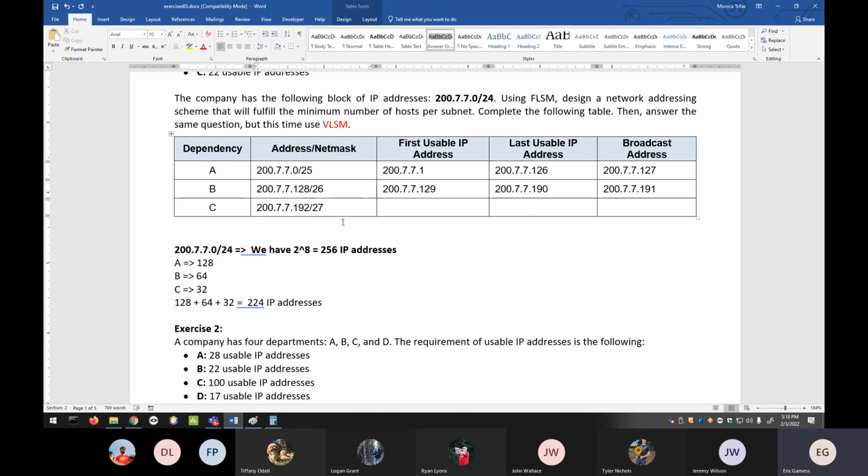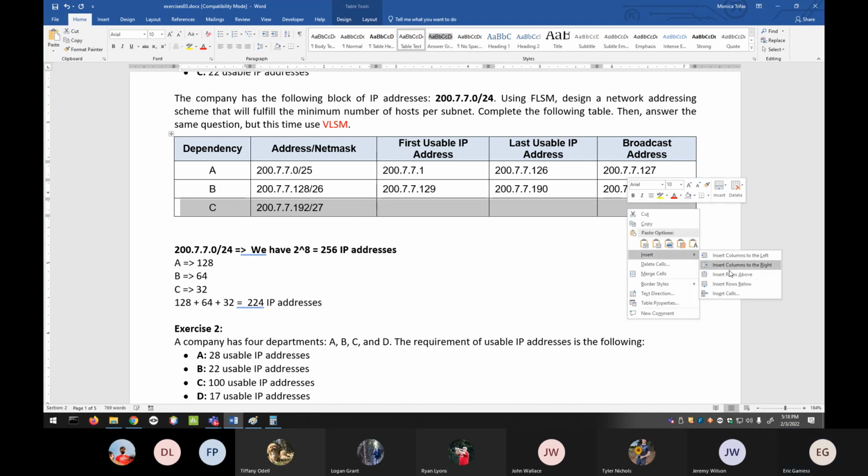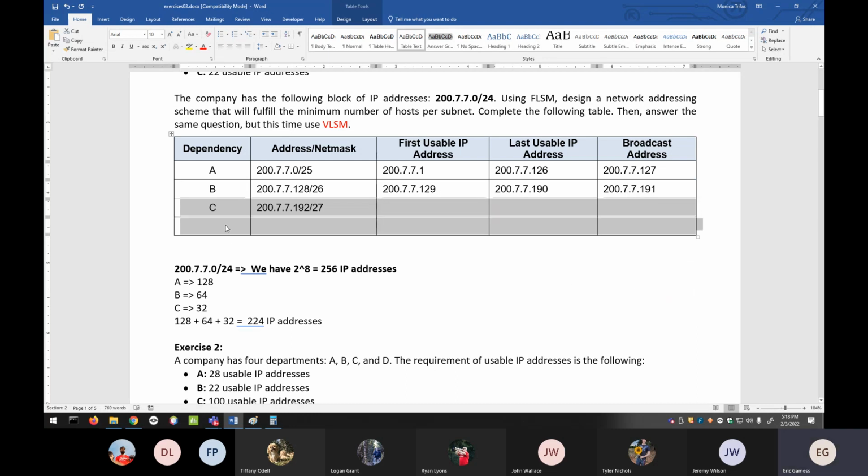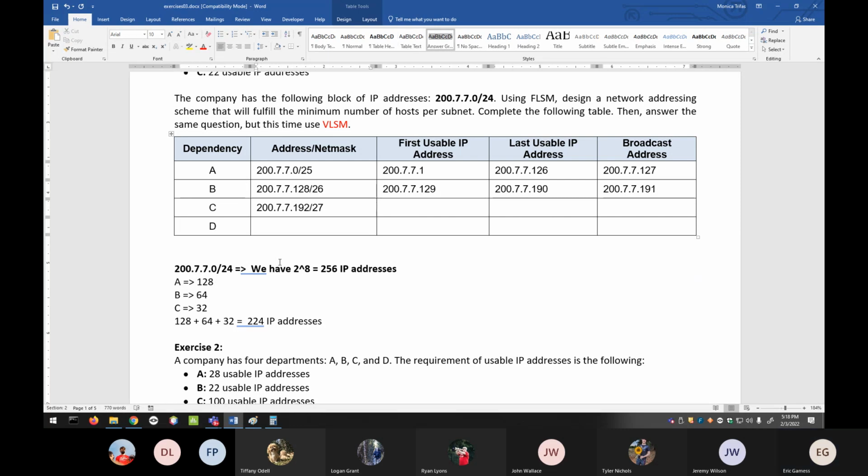We don't have network D, but let's suppose that we have an additional network. Let me insert it. Let's say that we have D. D should start where? Since C has 32 IP addresses, we go by steps of 32. So 192 plus 32 will be what? 224.